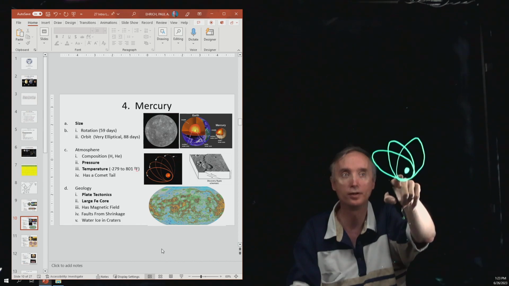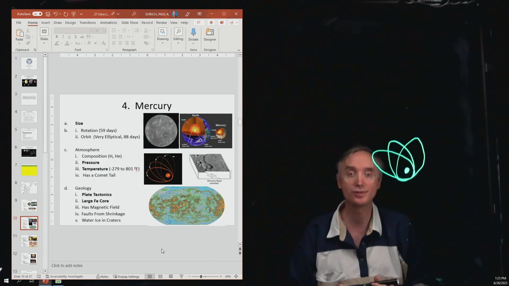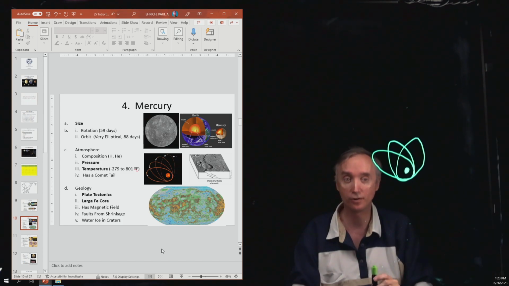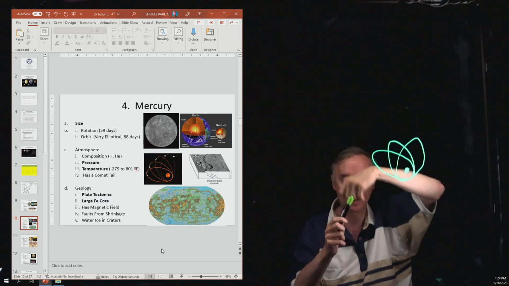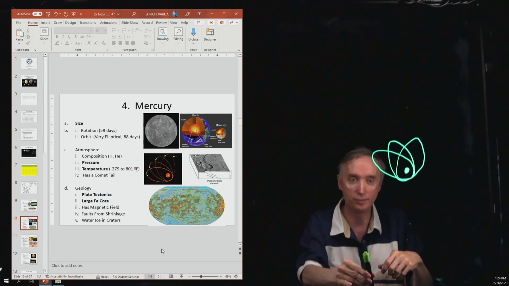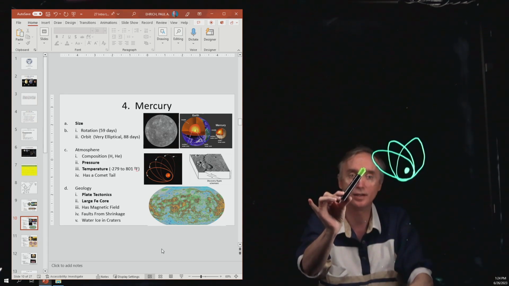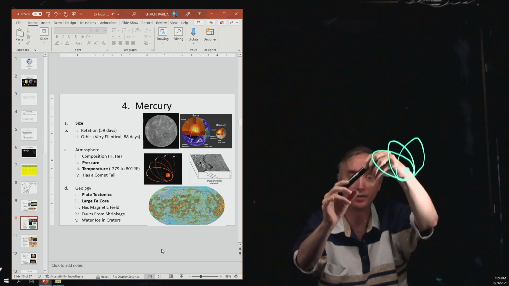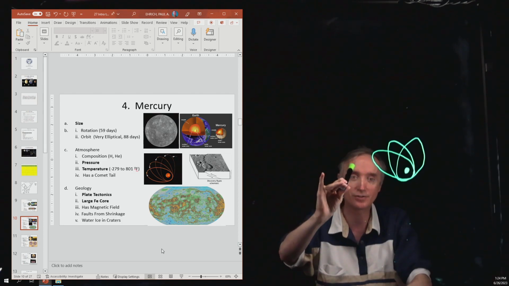So the orbit of Mercury is precessing, the same way that the spin axis of the Earth precesses. If you take a top, wrap a string around it, pull the string, and put it on the table, it's spinning, but you'll notice that as it spins, it also does this, and we call that precession.